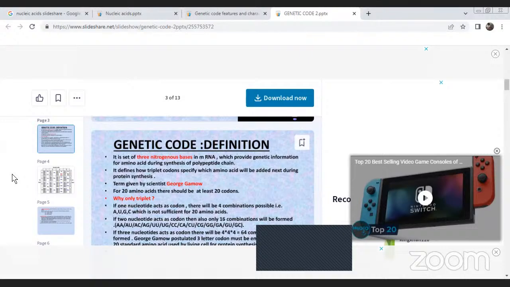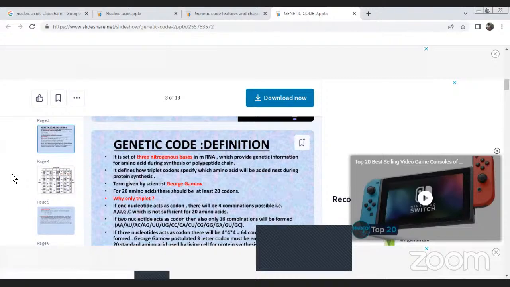It defines how triplet codons specify which amino acid will be added next during protein synthesis. The term genetic code was given by George Gamow.